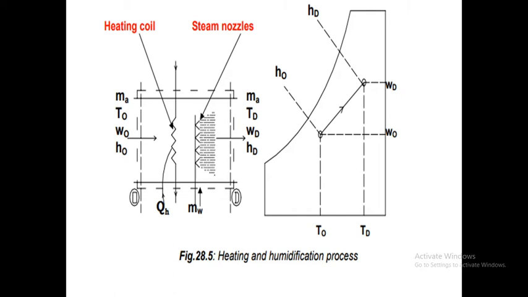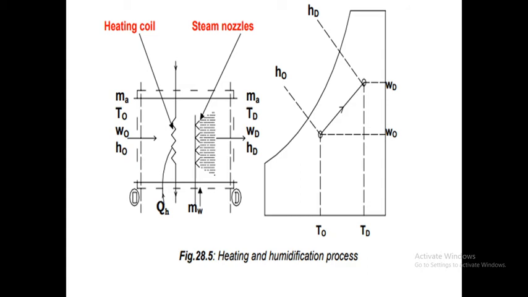Are you clear? Okay. During the heating and humidification process, the dry bulb, wet bulb and dew point of the air increase along with its relative humidity. Already I said humidification is the reverse operation of dehumidification.